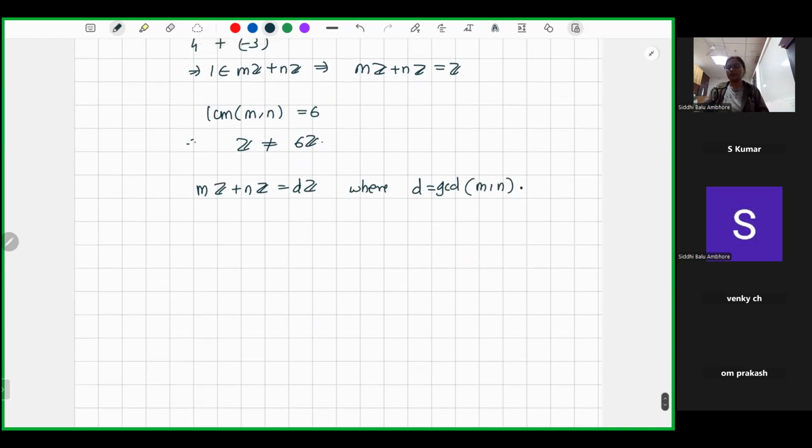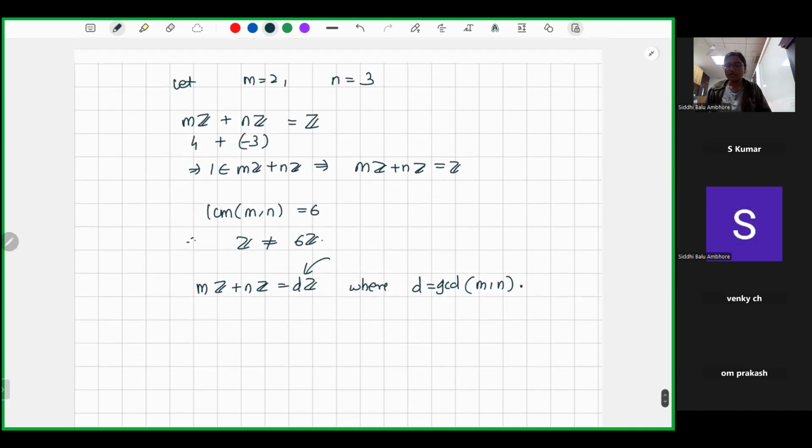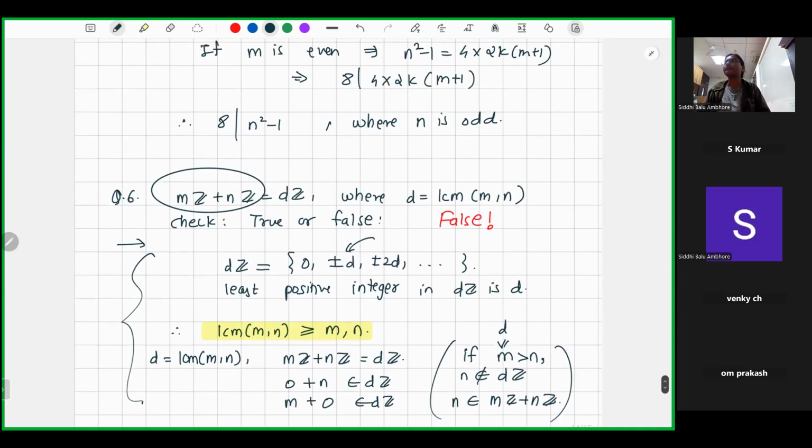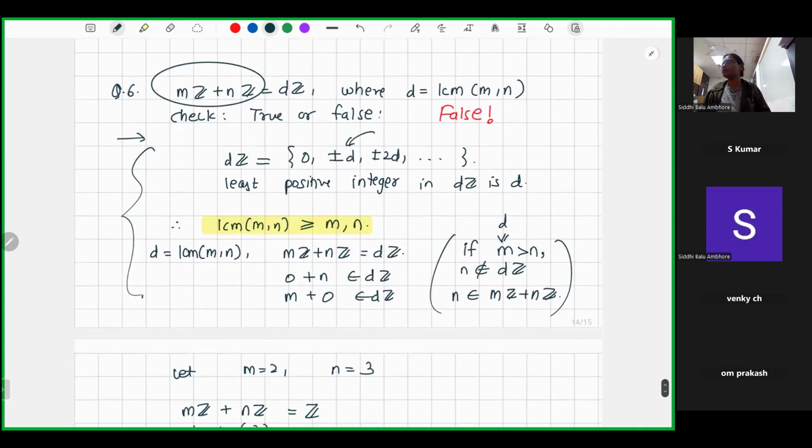In the lecture earlier, someone said that we have to prove that d is the least positive integer such that the linear combination gives me d, and that will be my GCD. d is actually the least positive integer in this subgroup dZ, and that is my GCD of m and n. Is this clear for now? Any doubts, please let me know.